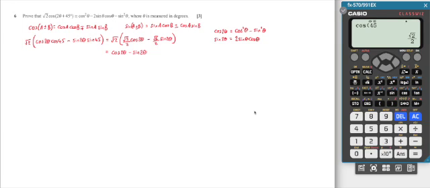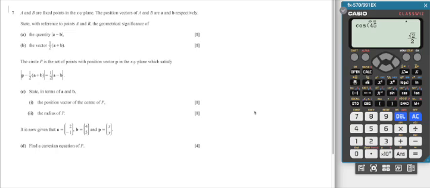So cos theta, cos squared theta minus sine squared theta. Whoops, not minus, that's a plus 2 sine theta cos theta, which is cos squared theta plus 2 sine theta cos theta minus sine squared theta, which is what we wanted.